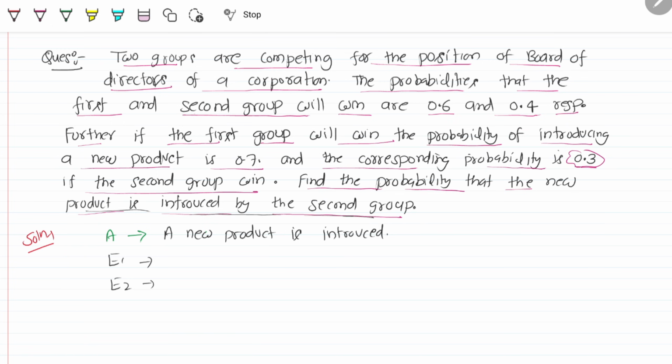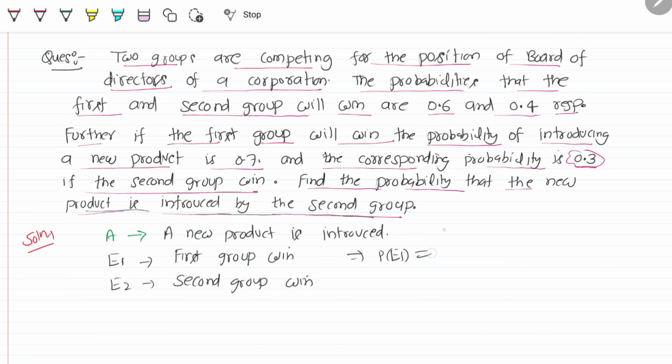It means E2 will be second group wins, and E1 means first group wins.